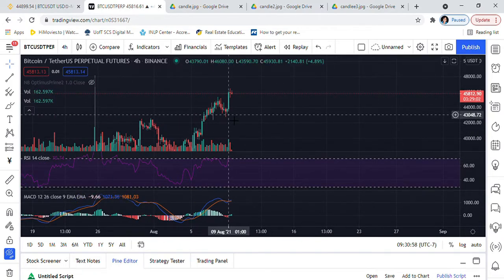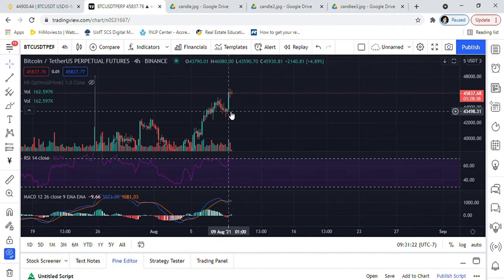When you hover on a candle, at the top you're going to see certain numbers and letters popping out. These numbers and letters have a meaning. The O stands for opening price. That's the price that this candle opened at. The H stands for high.